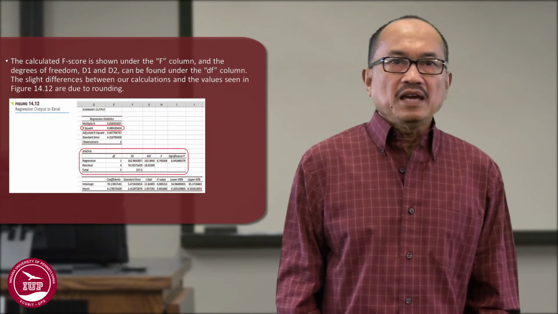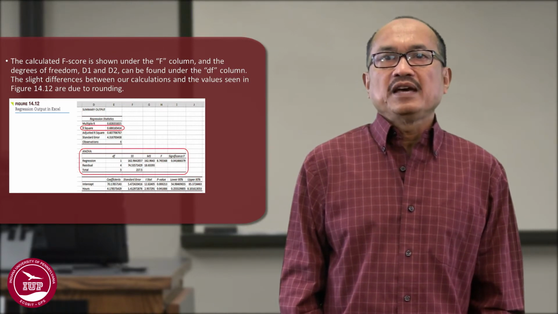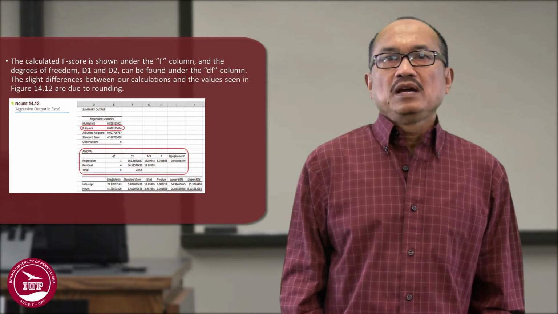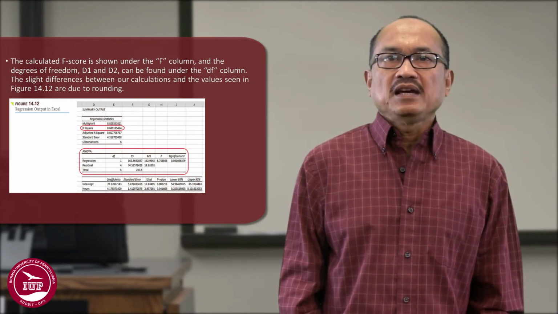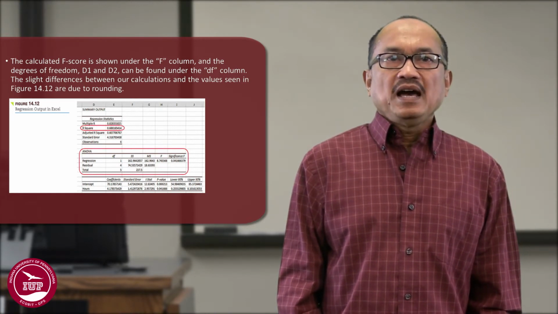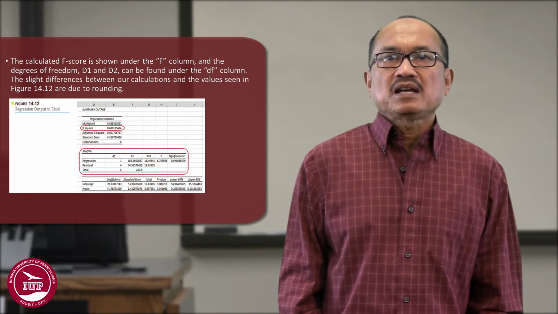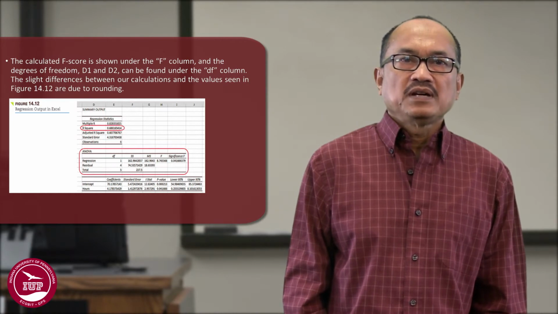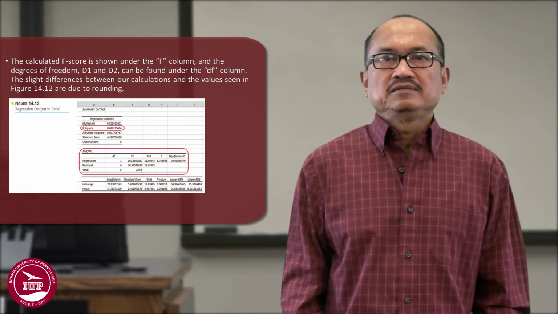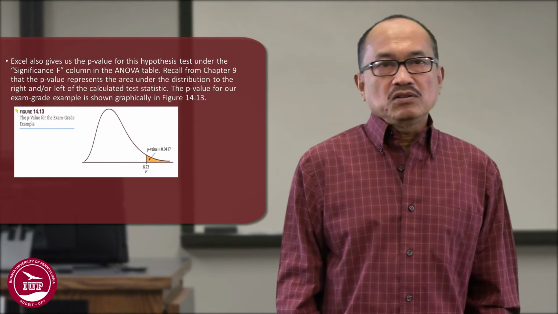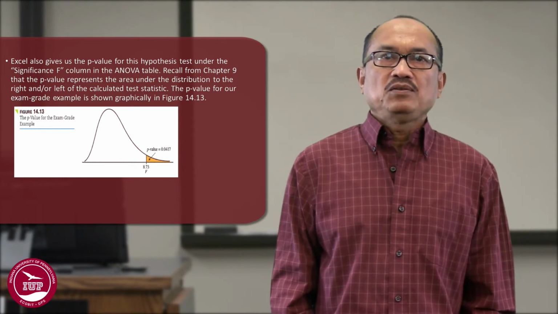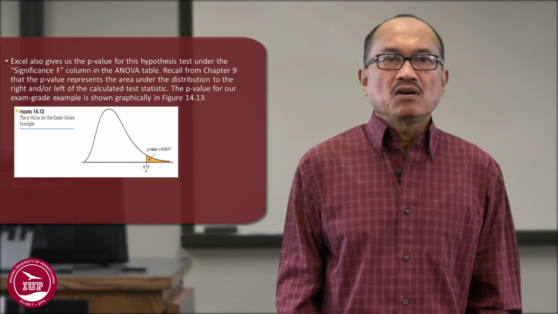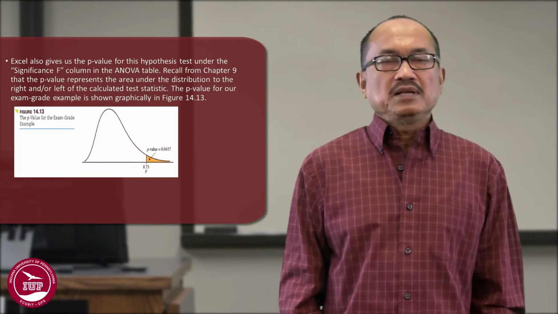The calculated F-score is shown under the F column, and the degrees of freedom, D1 and D2, can be found under the df column. The slight differences between our calculation and the values seen in figure 14.12 are due to rounding. Excel also gives us the p-value for this hypothesis test under the Significance F column in the ANOVA table.